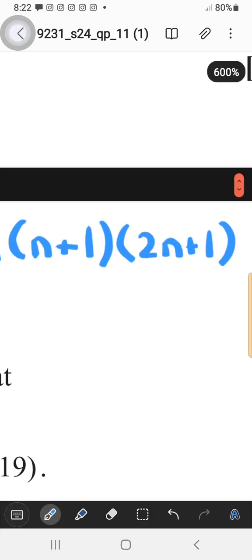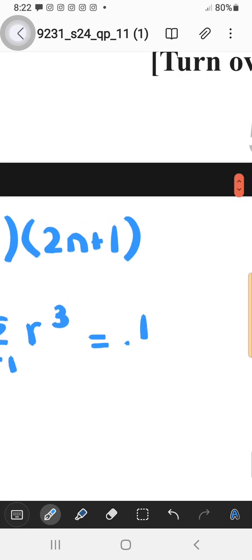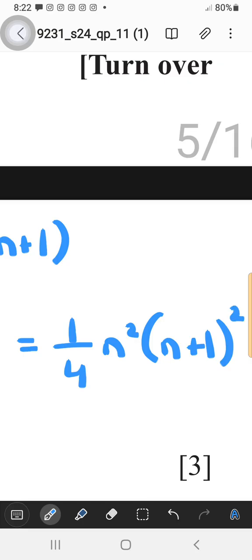And it also gives one more formula, the sum of r cube from r equal to 1, which is 1 upon 4 n square n plus 1 whole square.